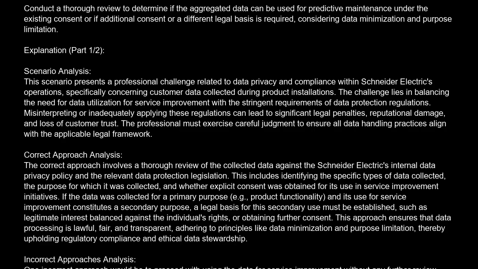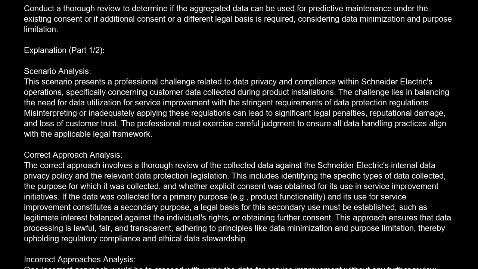Correct approach analysis. The correct approach involves a thorough review of the collected data against Schneider Electric's internal data privacy policy and the relevant data protection legislation. This includes identifying the specific types of data collected, the purpose for which it was collected, and whether explicit consent was obtained for its use in service improvement initiatives.